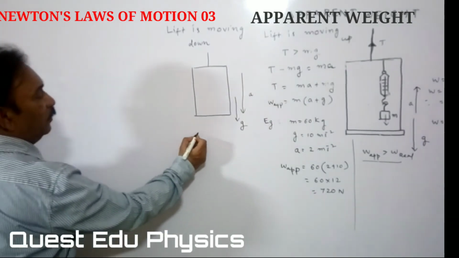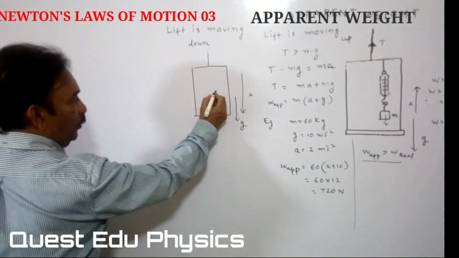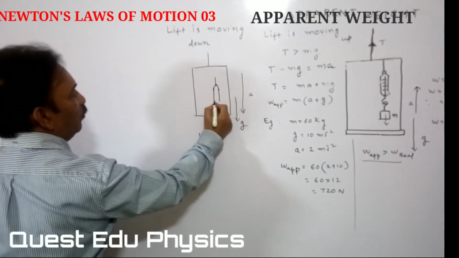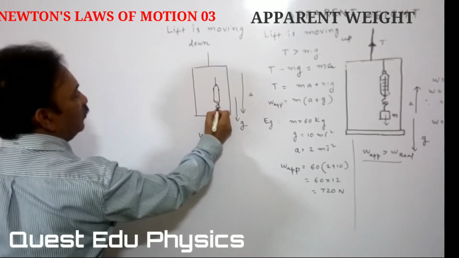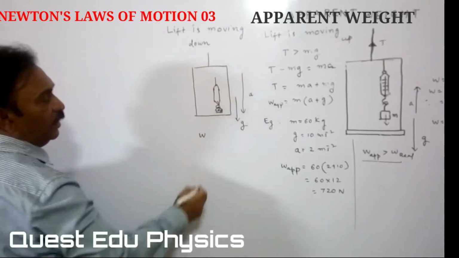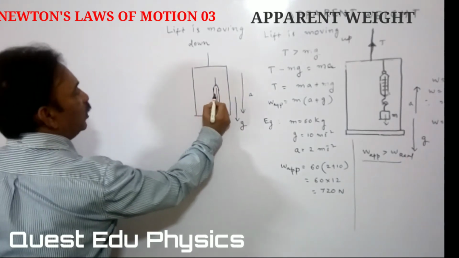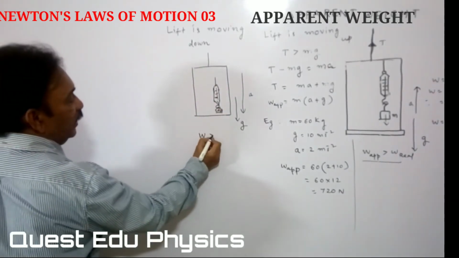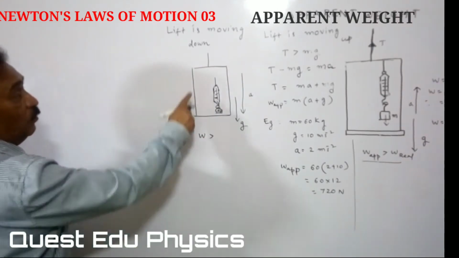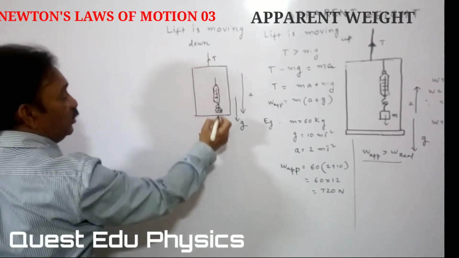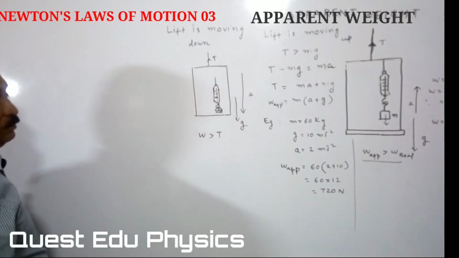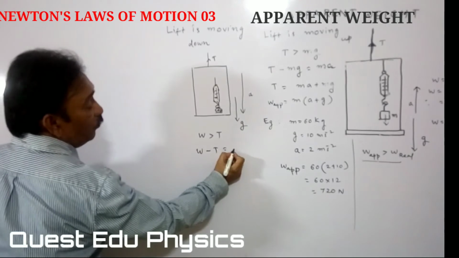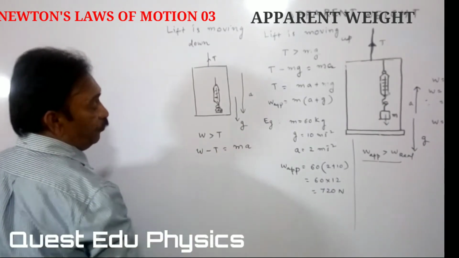That means we are measuring the weight by means of a spring balance, which is a weight hanging, and we observe the reading of this. Here this weight is greater than the tension provided. Then we can write W minus T is equal to ma.